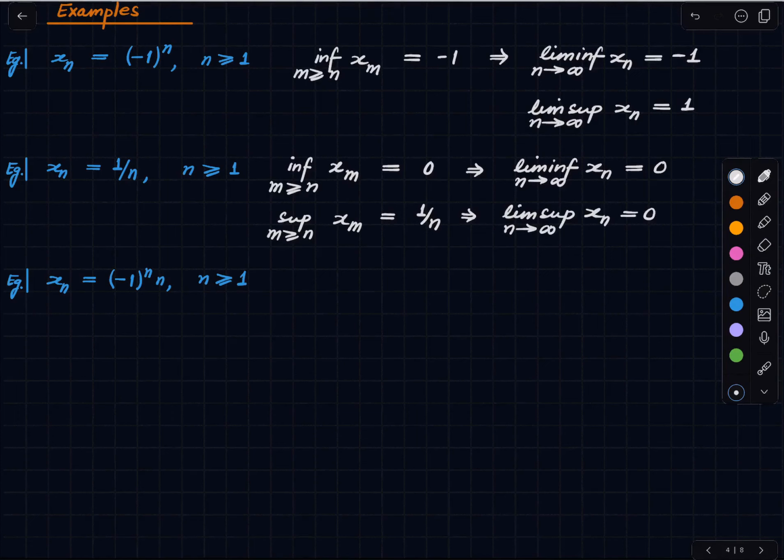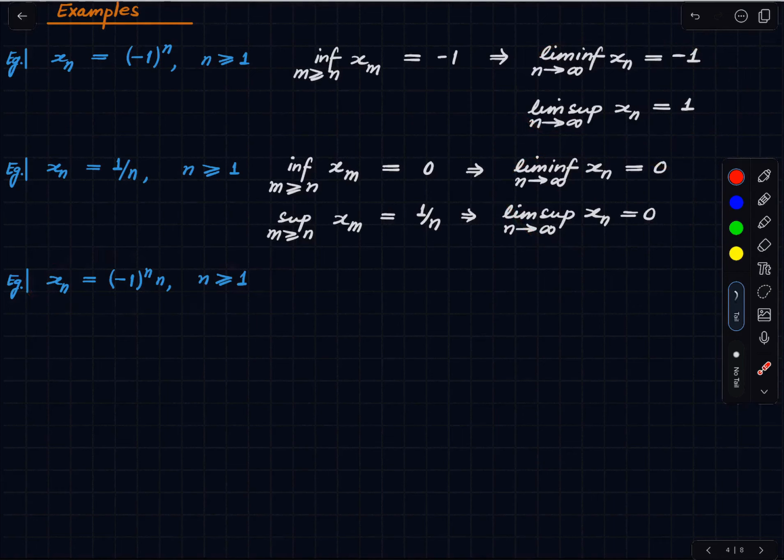Because limsup is nothing but the limit of these numbers, and that exists, and that is 0. So liminf and limsup may agree. In the first example, they did not agree. Now they agree.